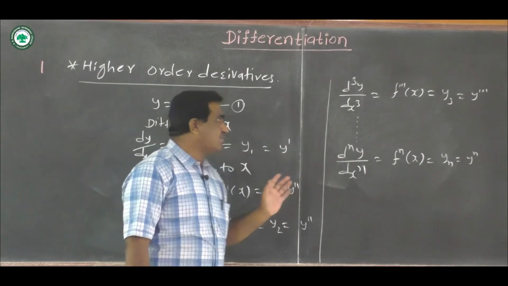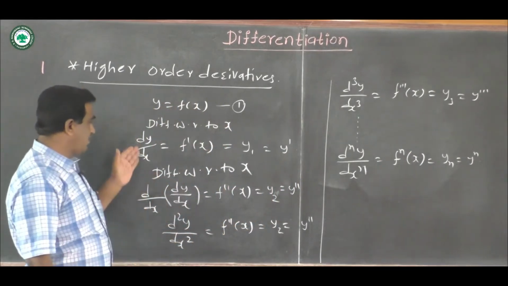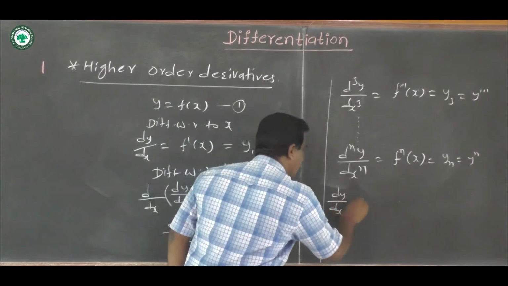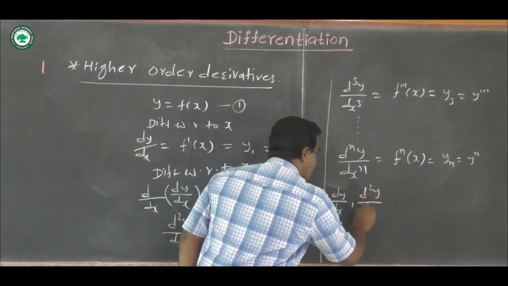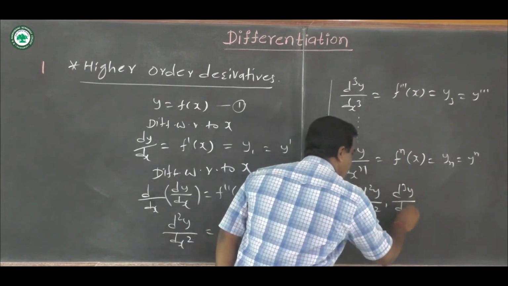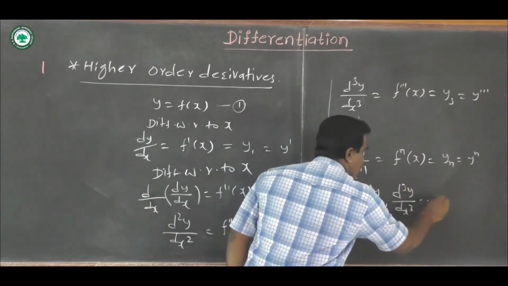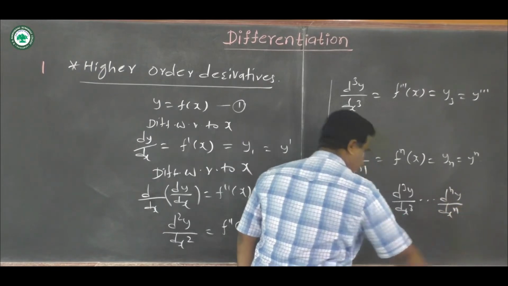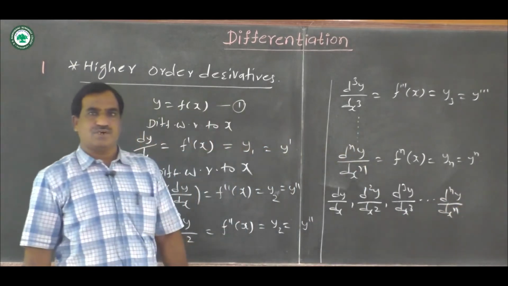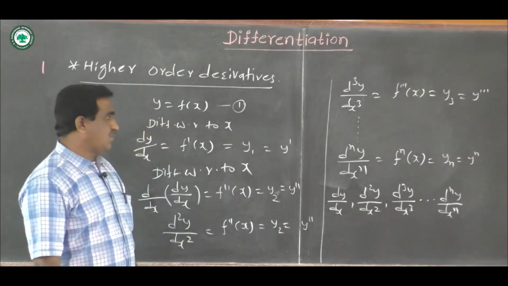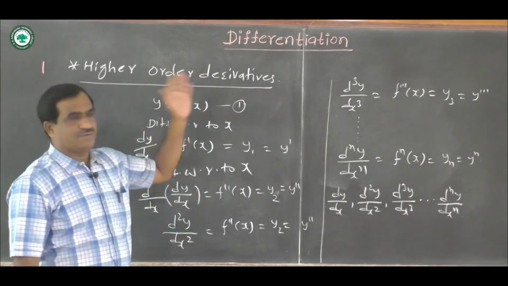Collectively, dy by dx, d square y by dx square, d cube y by dx cube, and so on up to d^n y by dx^n are called higher order derivatives.